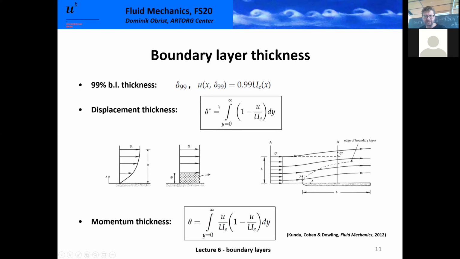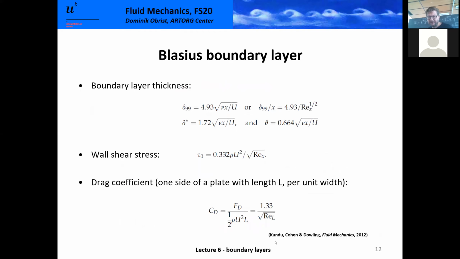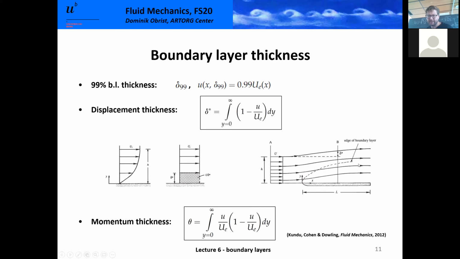There's also another one which looks mathematically a bit complex. It's called the displacement thickness. It's actually quite useful because when you look at this diagram here, you see that the outer streamlines, because the boundary layer has a certain thickness, and in terms of mass conservation, let's look at the blackboard here again.